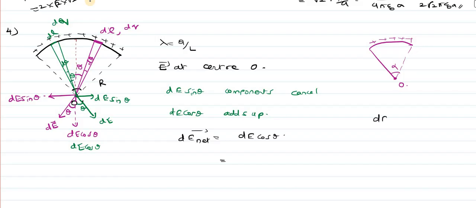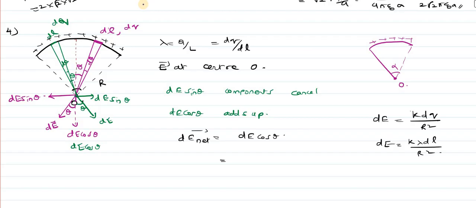What is dE? dE is K dq by r square, where dq is small and the distance I have taken is the radius. But we all know that lambda is dq by dl. So dE will be equal to k lambda dl by r square.